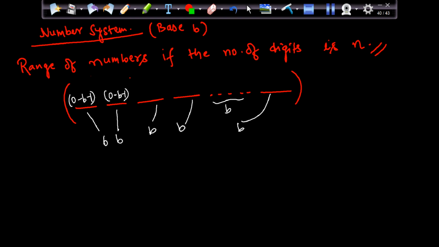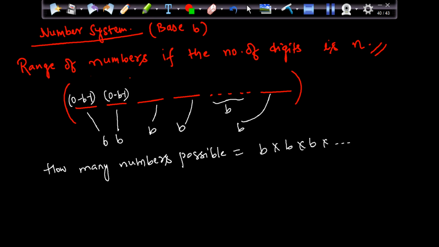Okay, so how many numbers are possible? It is equal to b into b into b and so on, n times, and this is equal to b to the power n.